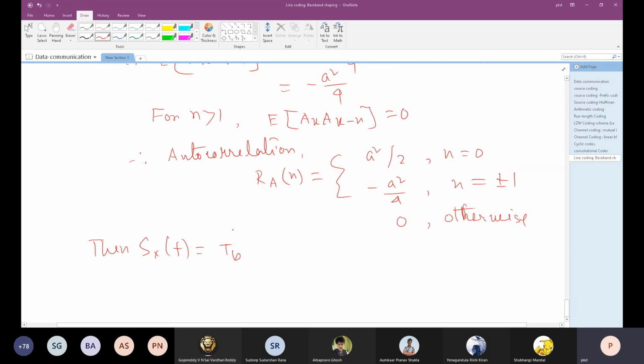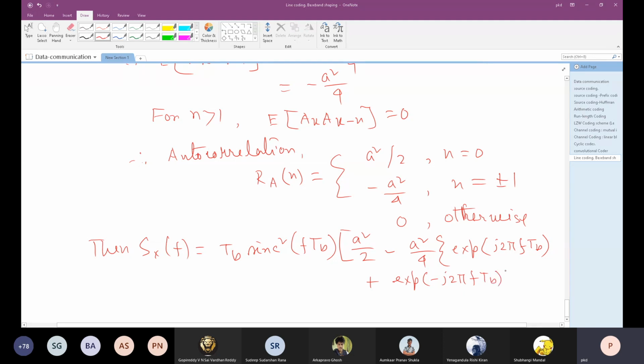So if we take the spectrum of V(t), then this will be A square by 2 minus A square by 4 exponential of j twice pi f Tb, that is for +1, and for -1 exponential of minus j twice pi f Tb.